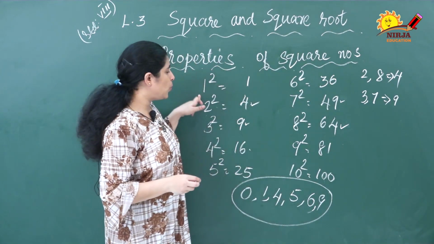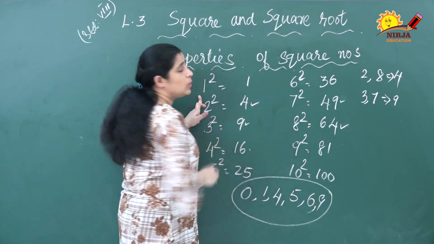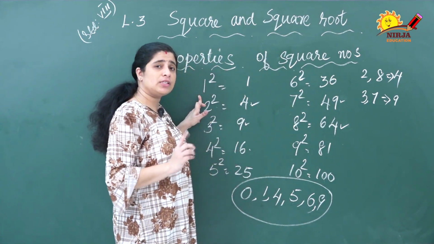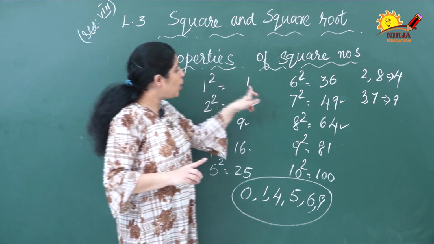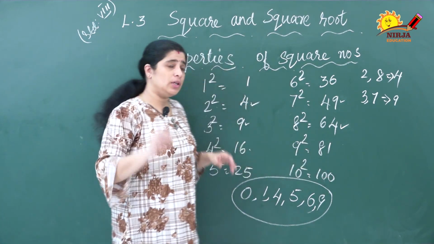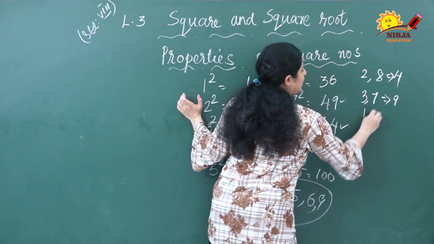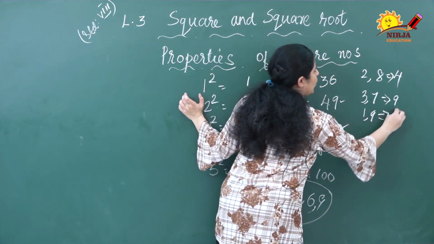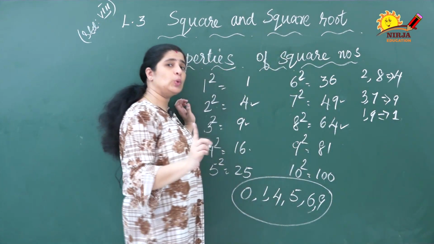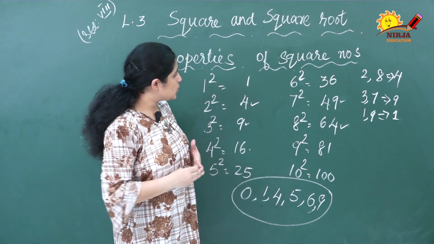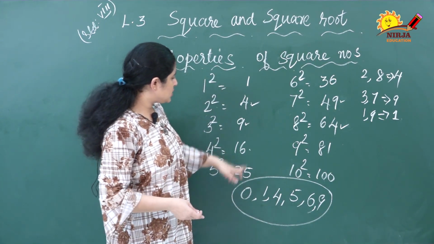The next one, 1 and 9. Which number is there in the unit place? The square of those numbers will have 1 in the unit place. So 1 and 9 will have 1 at the unit place. The next, which number is left? Okay, 0.